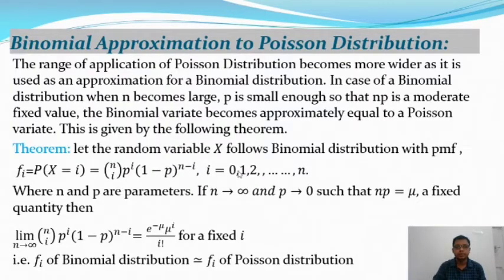So in this slide we will discuss the binomial approximation to Poisson distributions. The range of applications of Poisson distributions becomes wider as it is used as an approximation of binomial distributions.